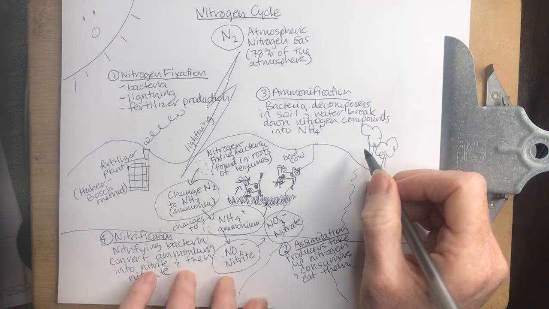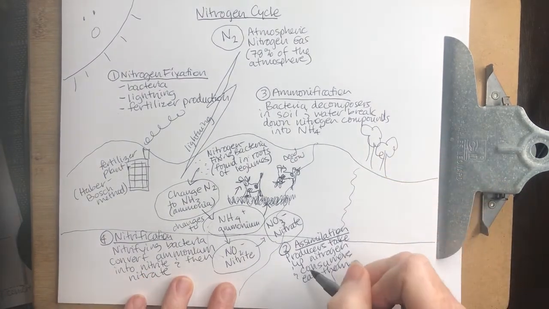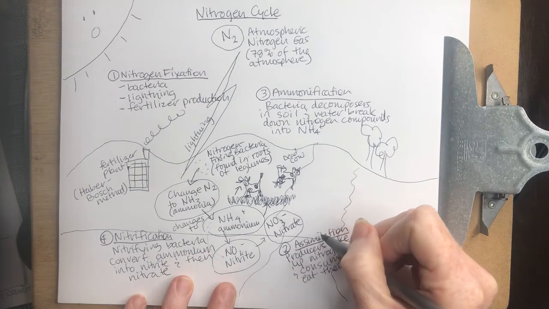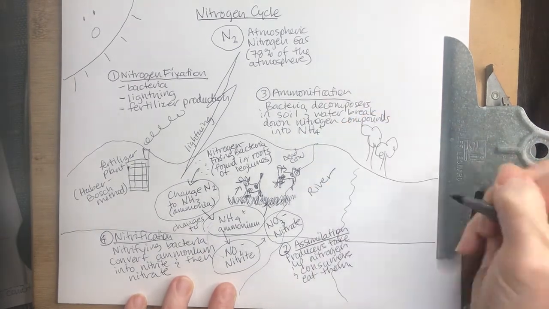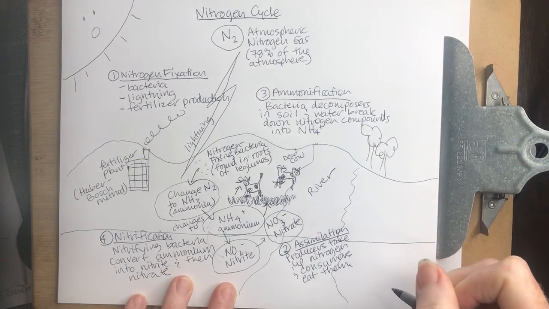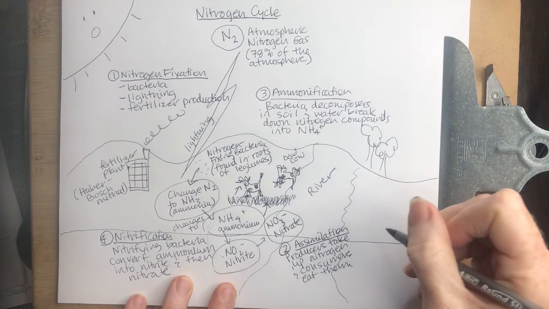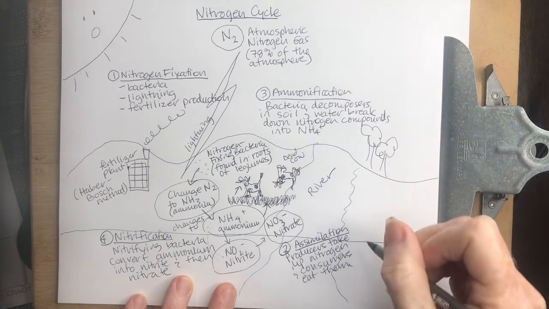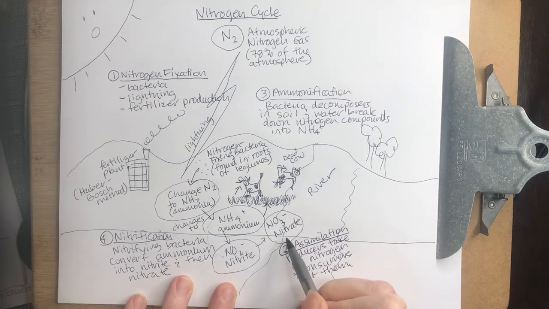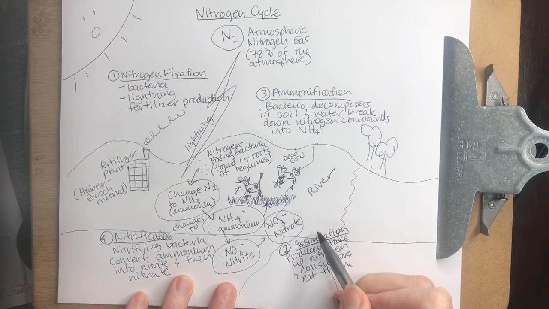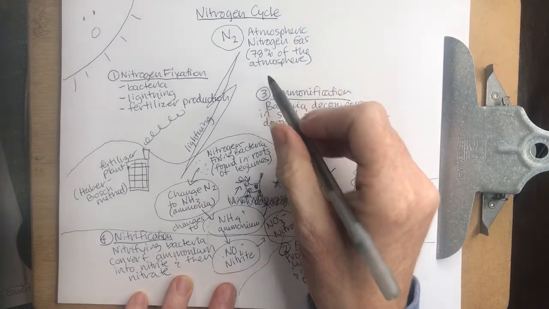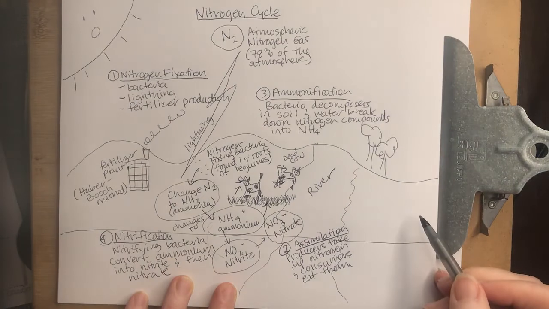Okay, so over here, we're going to come over here, and we have some of these end products. This is our river, by the way. And we have a process where we were left with this NO3 nitrate, and some of that is going to be converted by bacteria back into nitrogen gas and another compound, nitrous oxide.